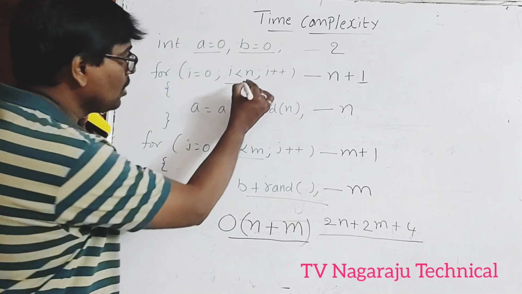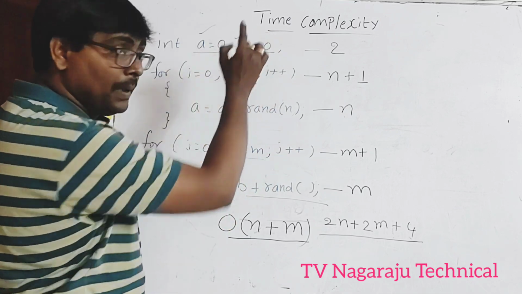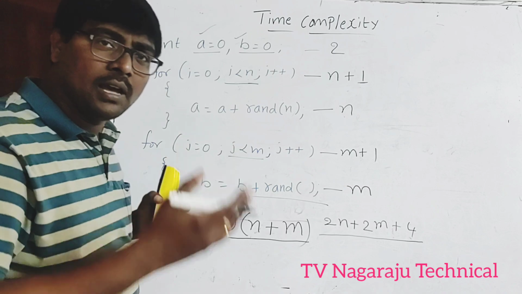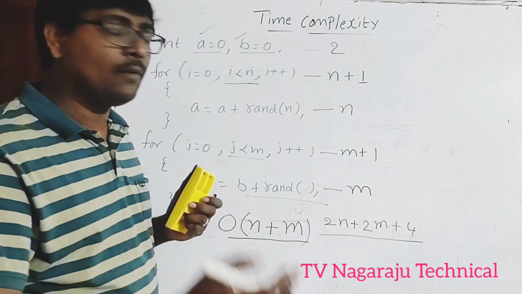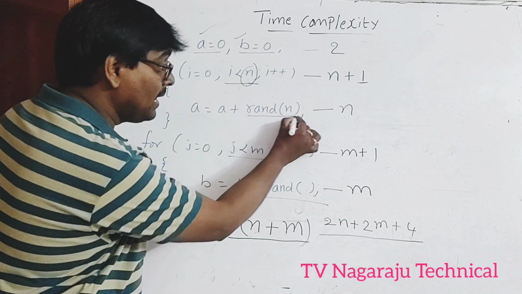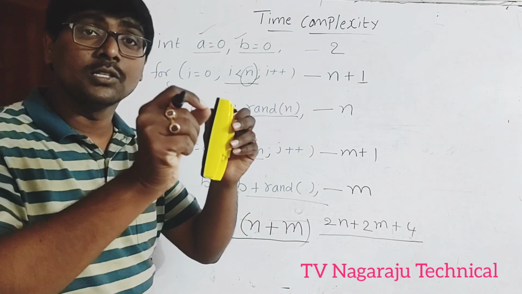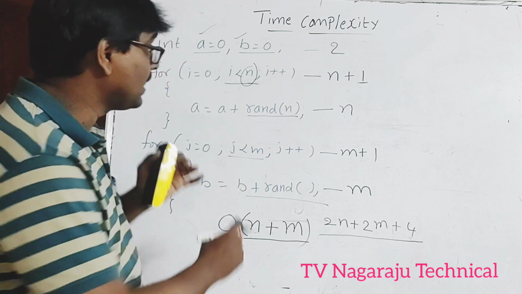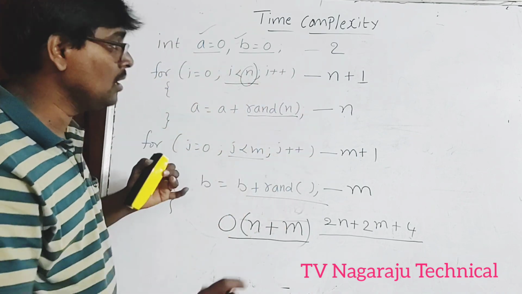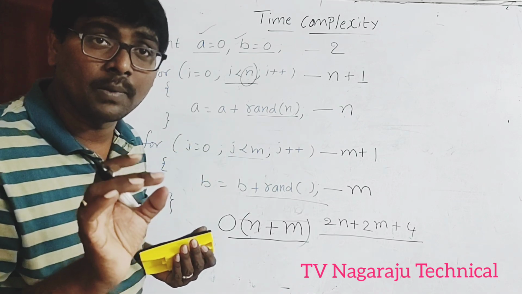Here observe, A takes a constant amount of space, B also a constant amount. Here n, whether the n value is 10 or 100, whatever it is, it is also some constant. Randomly it generates one number, that also takes constant. That means in the entire algorithm, observe, no variable needs any extra memory.